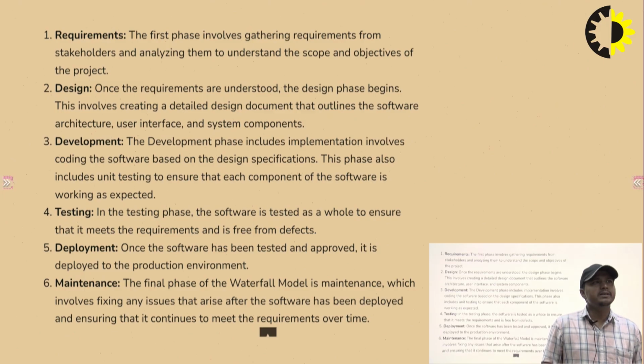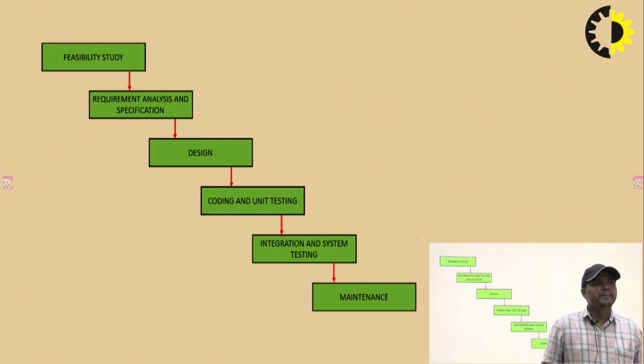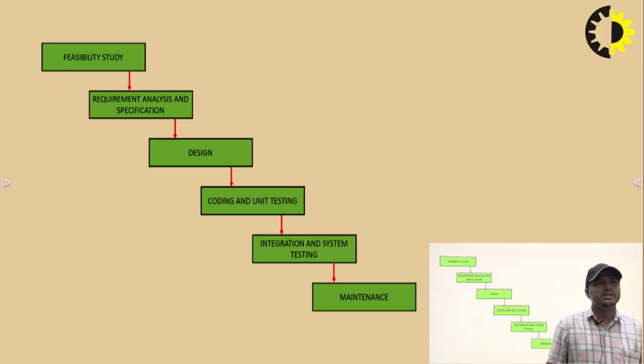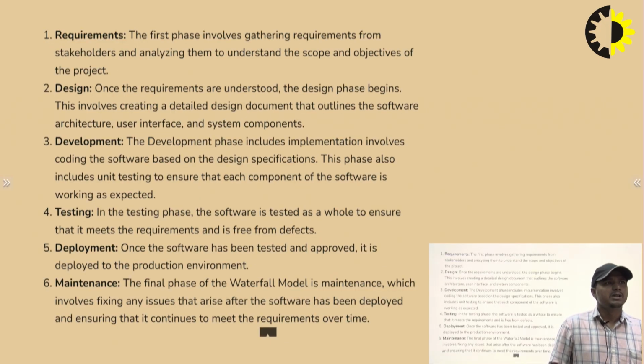In the design phase, once the requirements are understood, the design phase begins. This involves creating a detailed design document. In development, the development phase includes the implementation, which involves coding the software based on the design specification, and then the testing, integration and system testing.